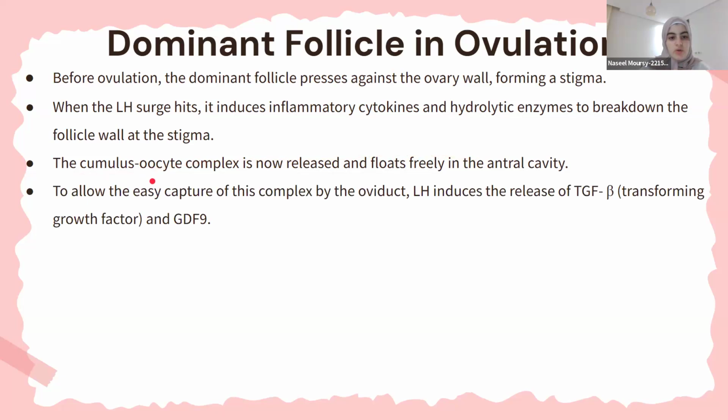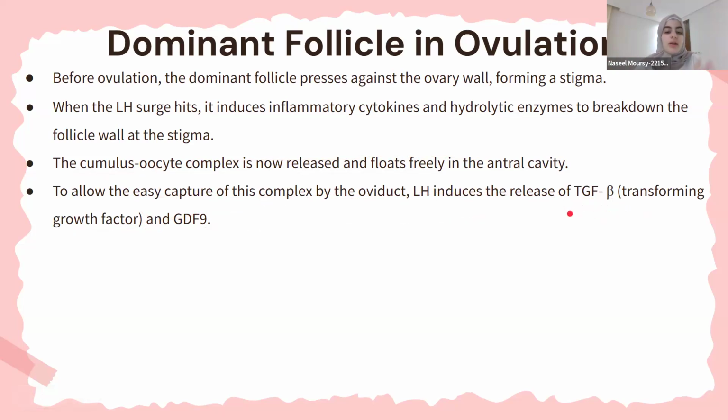Now, obviously, we need to allow the easy capture of this oocyte and the complex with the cumulus cells. So the cumulus cells have to get a lot of water in order to become fluffy. To allow the easy capture of this complex by the oviducts, LH induces the release of TGF beta, which is transforming growth factor, and GDF9, not important.